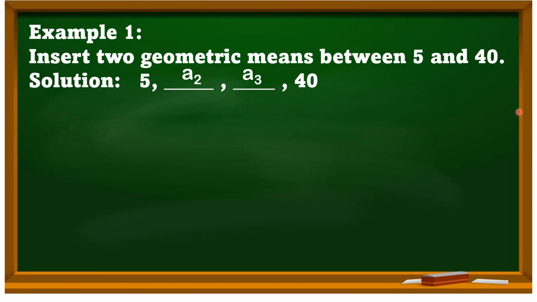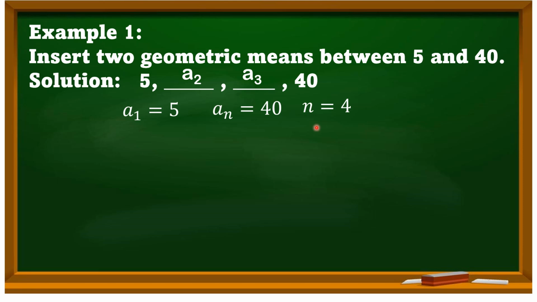Next, we determine the value of a sub 1, the first term, which is 5, and the last term a sub n, which is equal to 40, and the value of n is 4. We have 1, 2, 3, 4, so there are 4 terms in example number 1. That's why the value of n is 4.